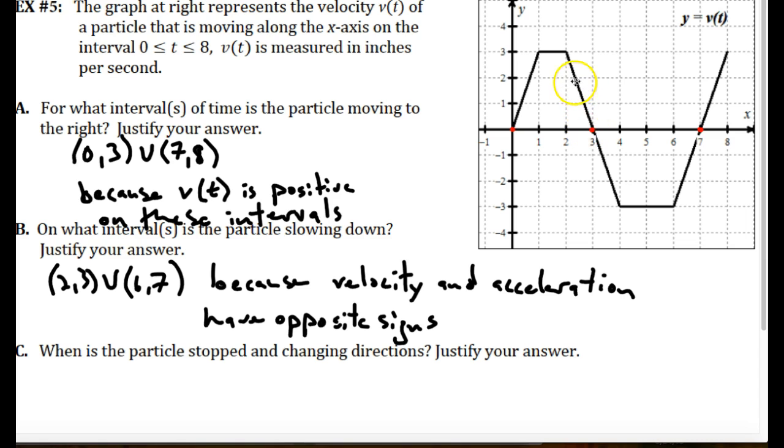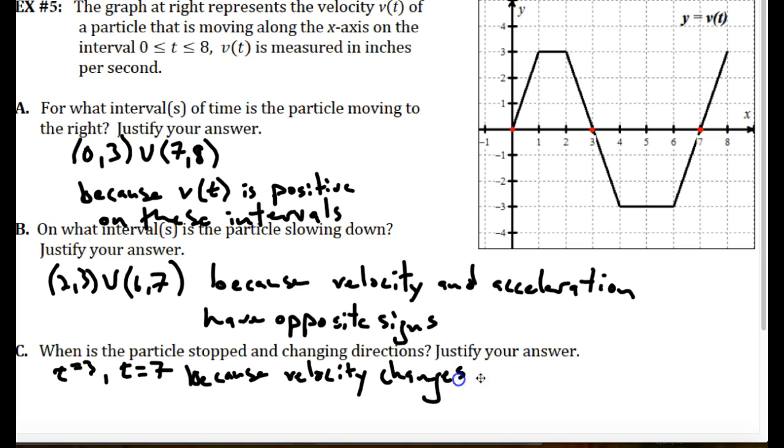So what happens right here, the particle is going to the right, slowing down, it stops at t equals 3, turns back around and starts going to the left. So we would say at t equals 3 and t equals 7, and our justification could be because velocity changes sign at these values.